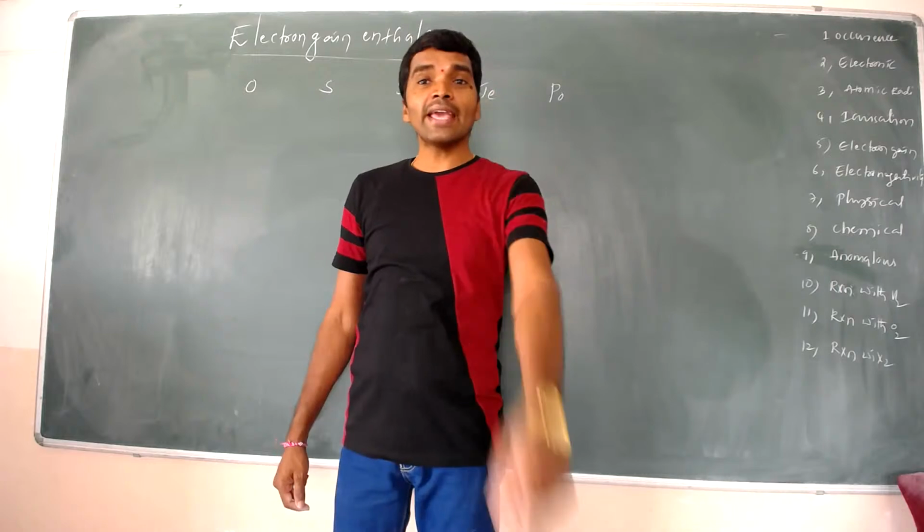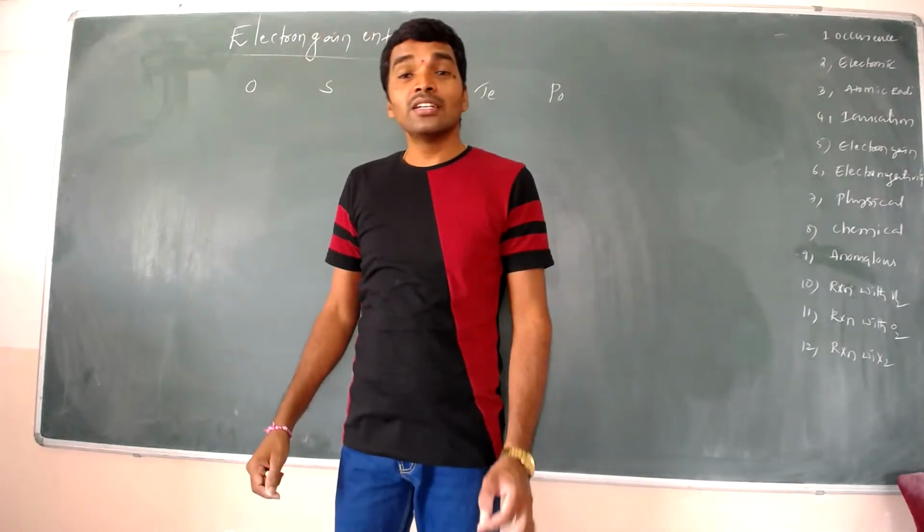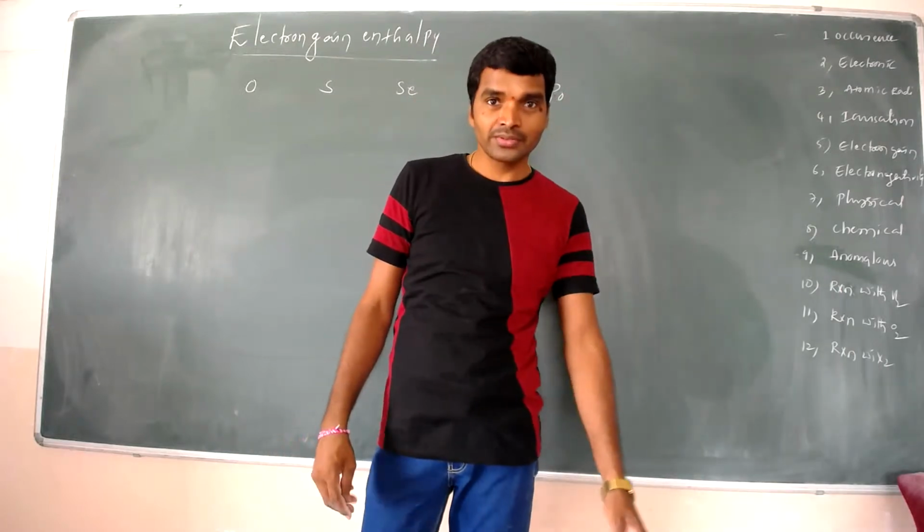Electron gain enthalpy: these sixth group elements have large negative values.